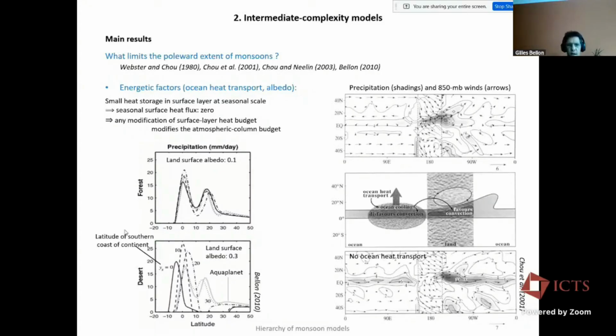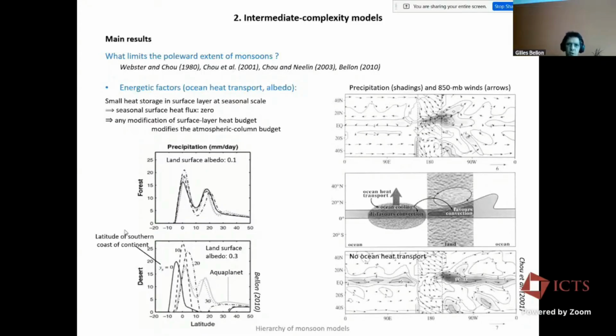And that's because over land we have a deficit of the energetic factor. When the albedo is high, it reflects some sunlight, so the surface of the land is not going to get heated as much as for lower albedo.